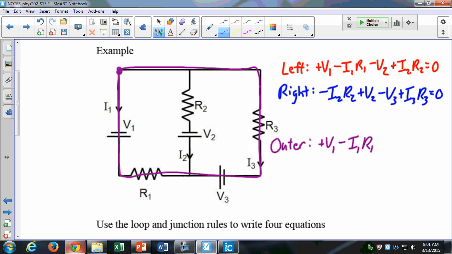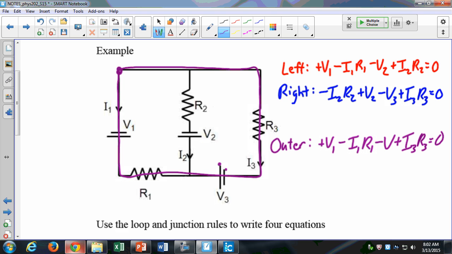What's the next term? Minus V3, because I'm going from high potential to low potential. My electrons are losing energy. And then plus I3R3. That's all equal to 0.